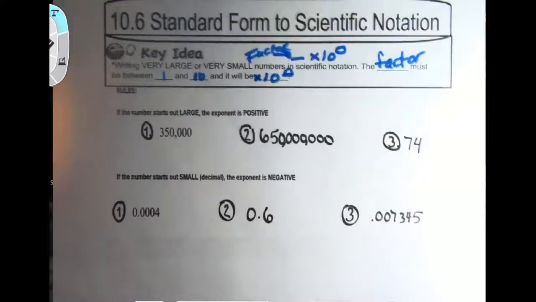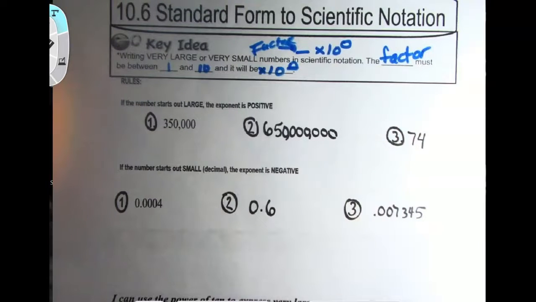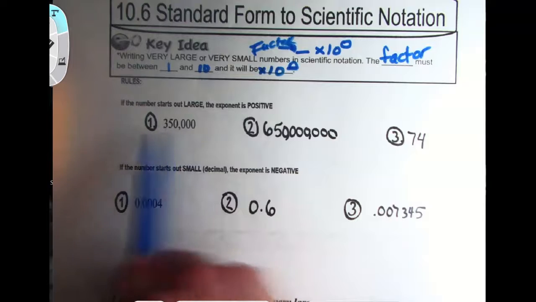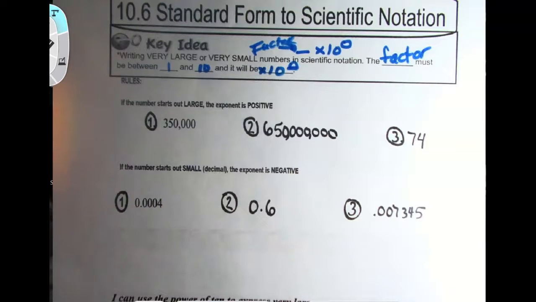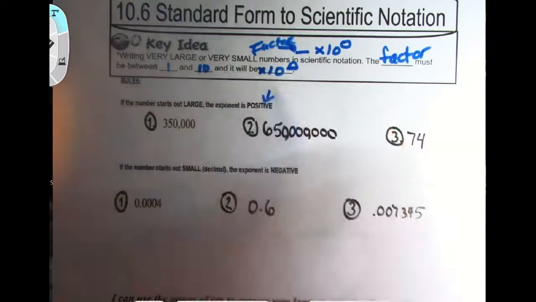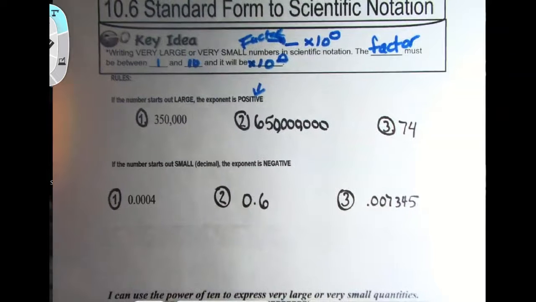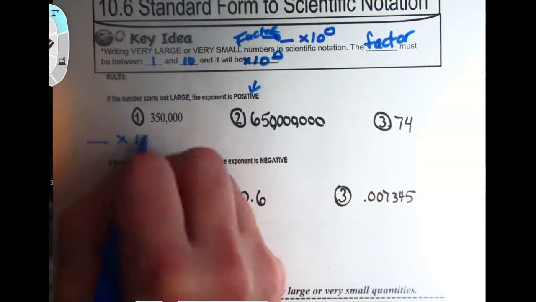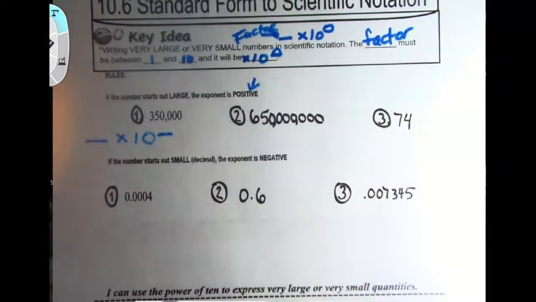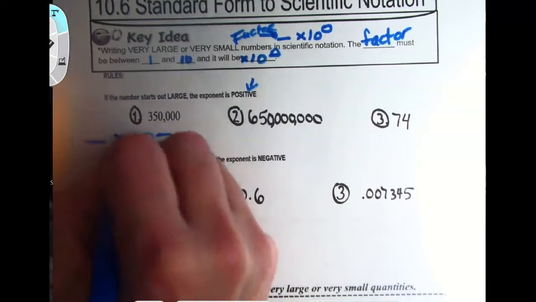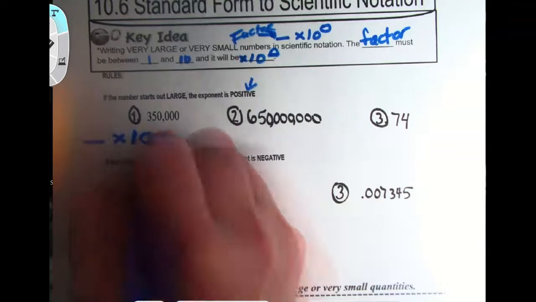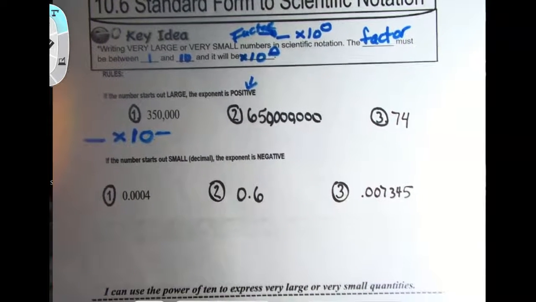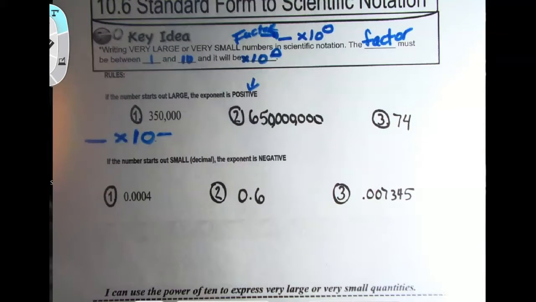So some of the rules we talked about: when you start with a very large number, it's not a decimal. We know our exponent's going to be positive. So we know we're going to have some number times 10 to some power. I always like to start off with that part because that's a given. We can find the factor, but this part we always know is there, so it's helpful to start.